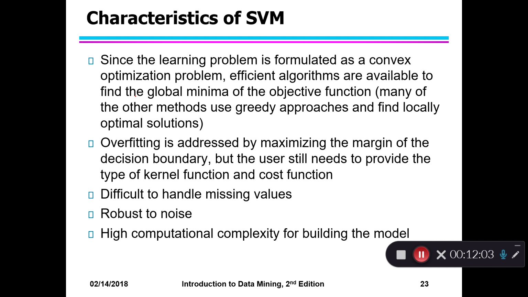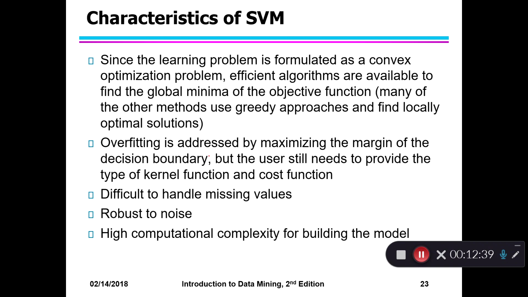We have some characteristics of SVM stated here. Overfitting is addressed by maximizing the margin of the decision boundary, but the user still needs to provide the type of kernel function and cost function. So we can maximize the margin when we draw the decision boundaries, whether the hyperplane is linear or non-linear, but the user still needs to provide the kernel function and the cost function.